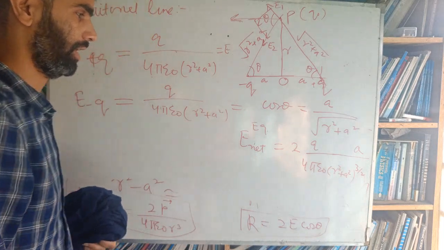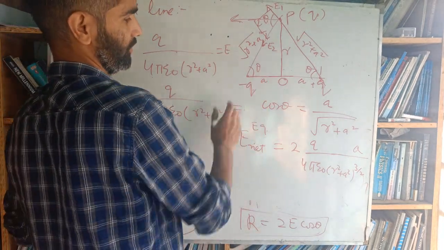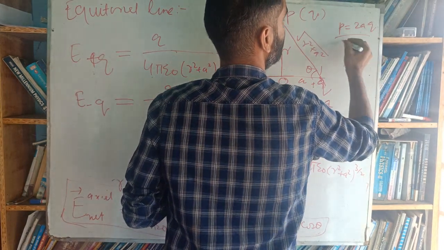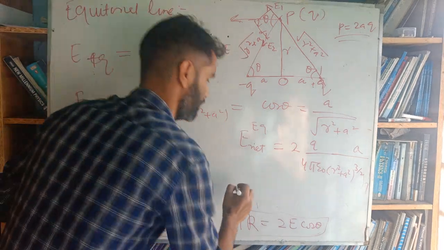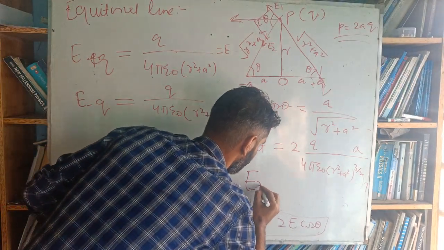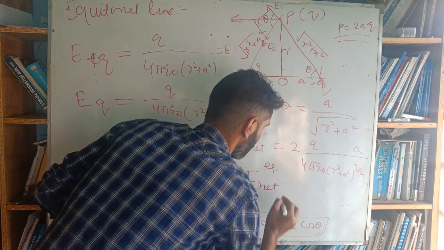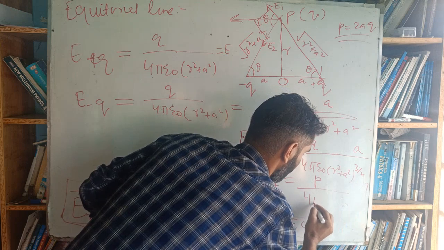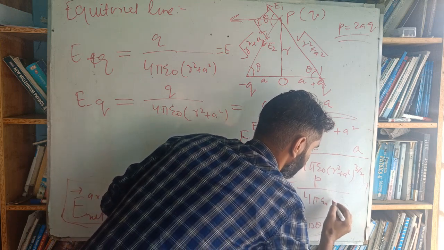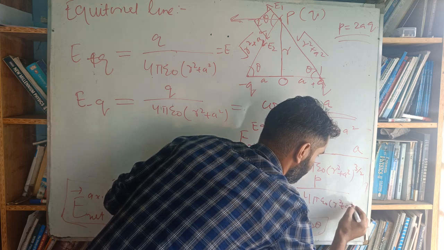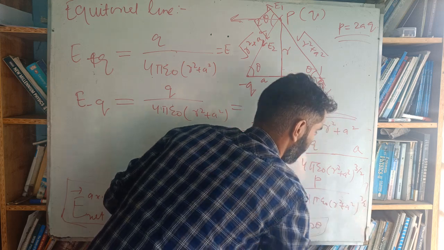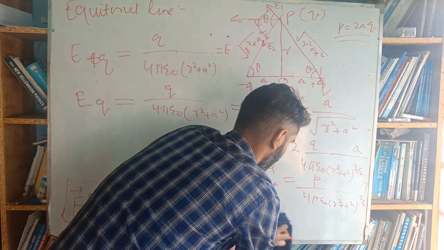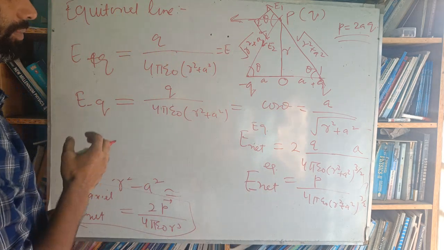I already have defined the electric dipole moment for this dipole, that is p is equal to 2a into q. So E net on the equatorial line will be p over 4 pi epsilon naught r square plus a square to the power 3 by 2. This gives me the net electric field intensity in terms of the dipole moment.